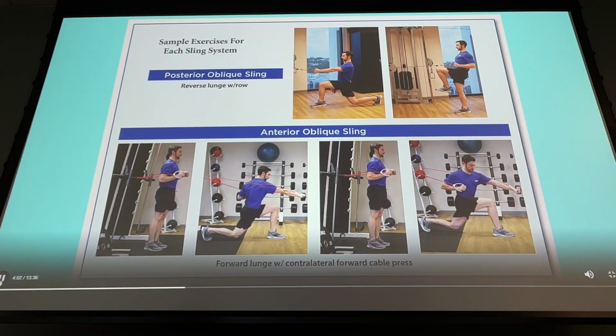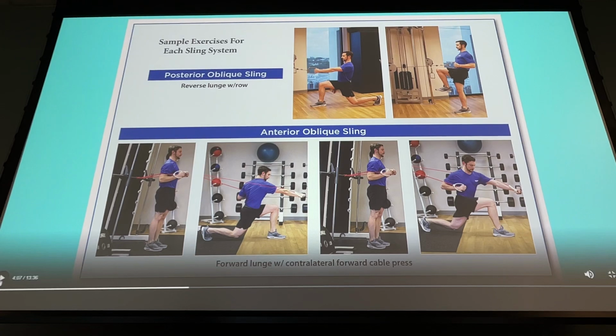Here are a few examples of exercises that would activate each sling system. Okay, so you have him pulling with his left hand. His right leg is forward, so it looks like going up, posterior oblique.